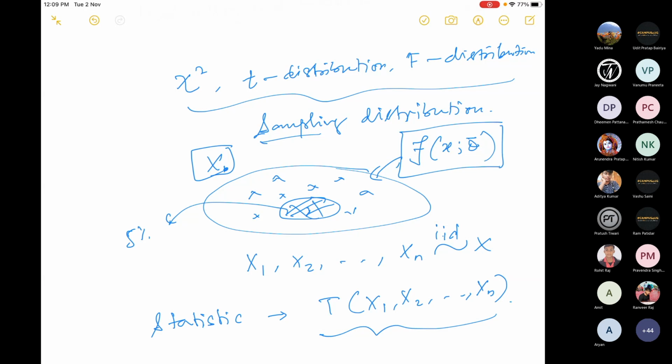Suppose somehow I know that it is normal, or somehow I know it is exponential. I know something about this PDF, but I don't exactly know the values of these parameters. So I have some knowledge about the PDF, and I want to gain more knowledge about the population, meaning about this parameter theta bar or theta, from the random sample that I have.